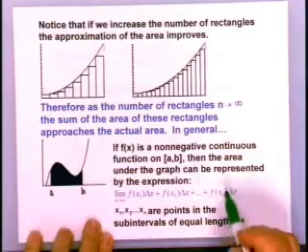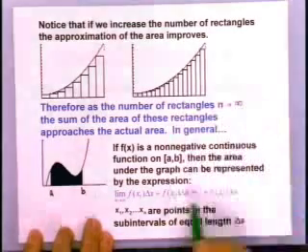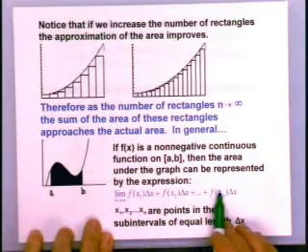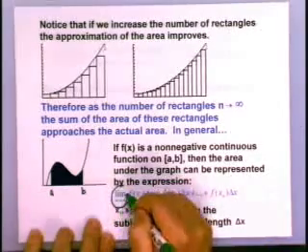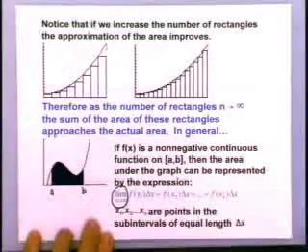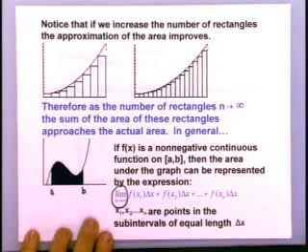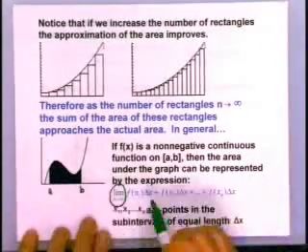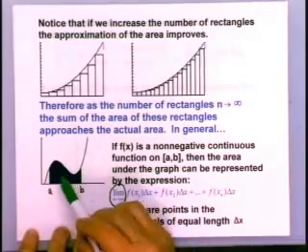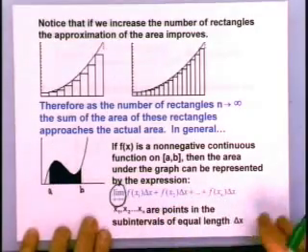And then delta x is the width of each rectangle. So we do this for each of our n rectangles, and then notice out front I wrote the limit as n approaches infinity. We let the number of rectangles approach infinity. And in doing so, this becomes the actual area of this shaded region.